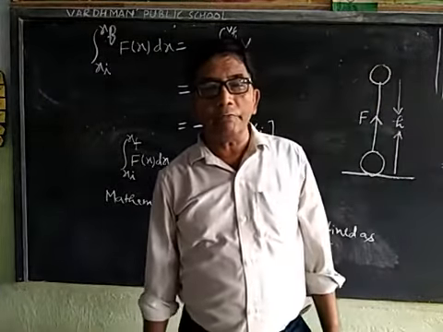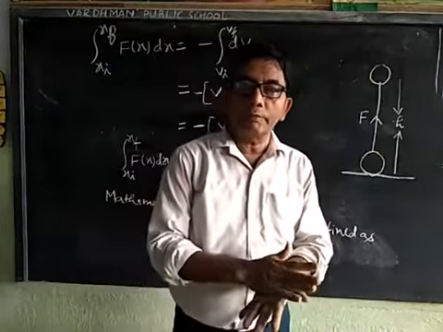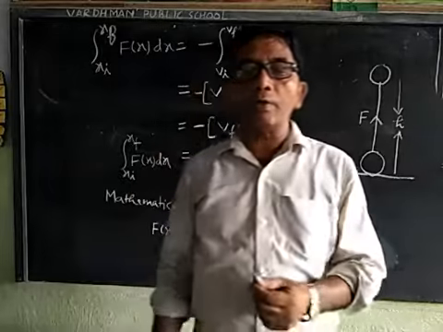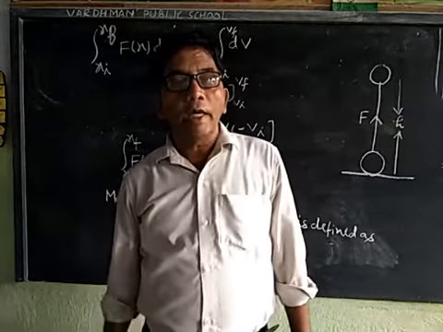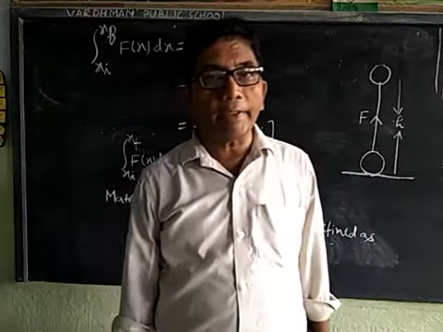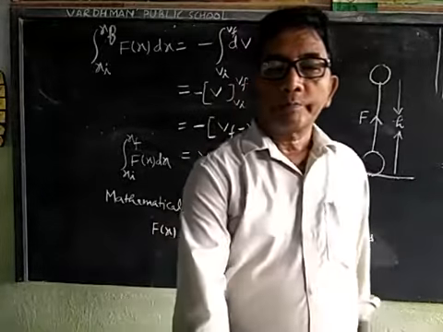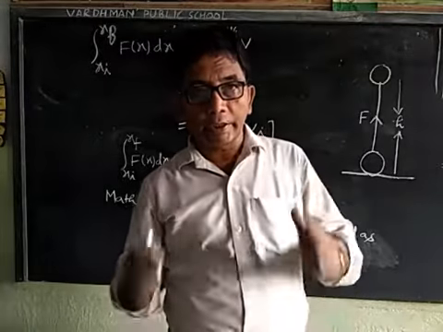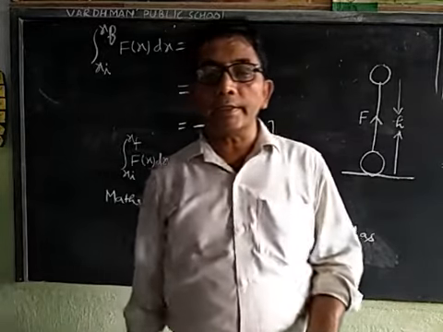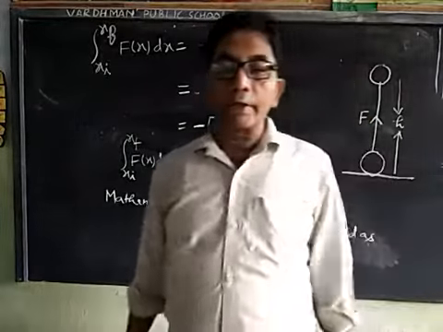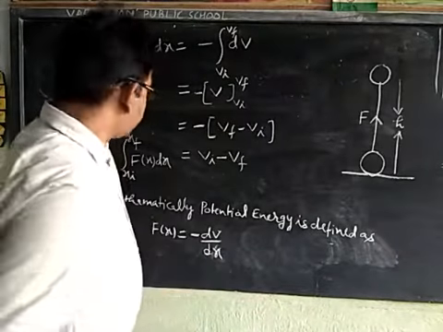The velocity with which the body hits the ground is calculated from the gravitational potential energy of the body at height h. Now it manifests itself as the kinetic energy of the body on reaching the ground.